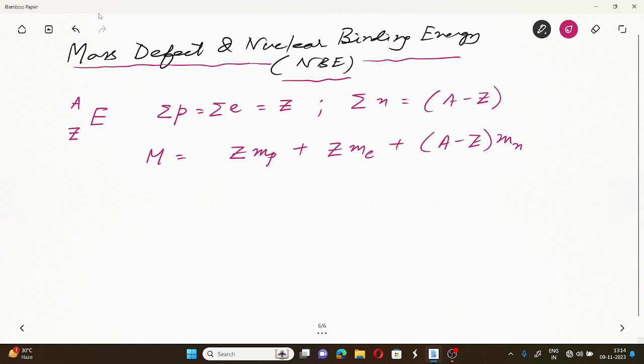Okay. Now, if you calculate this, even if you neglect the mass of the electron, you know that the mass of an electron is much lesser than that of protons and neutrons.